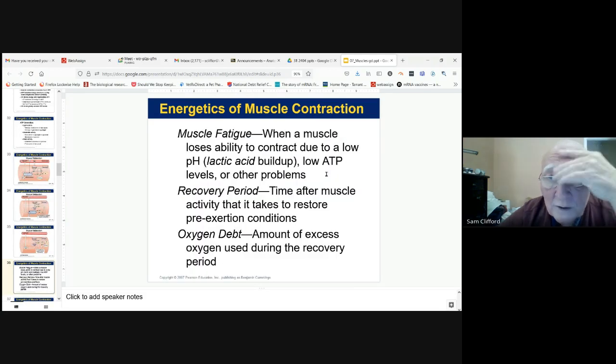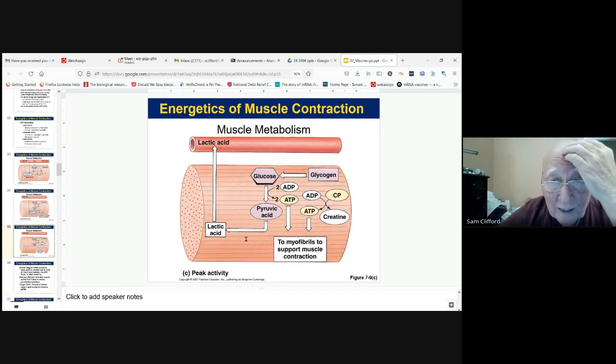So when a muscle loses the ability to contract due to low pH, lactic acid buildup, low ATP levels, the muscle has to relax. It has to have more and more oxygen so that more ATP can be produced to be ready for prolonged activity.